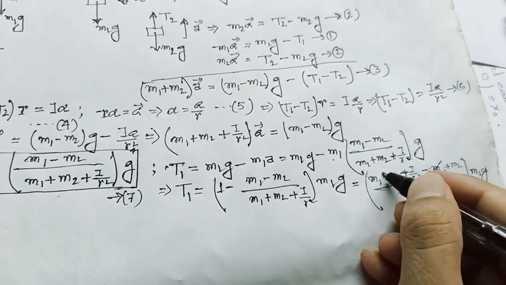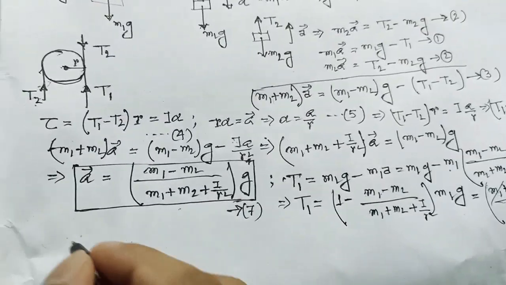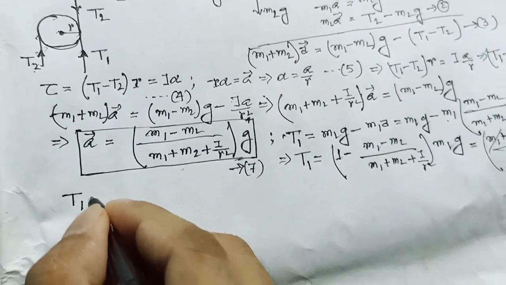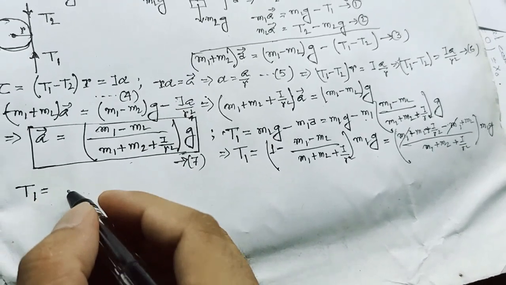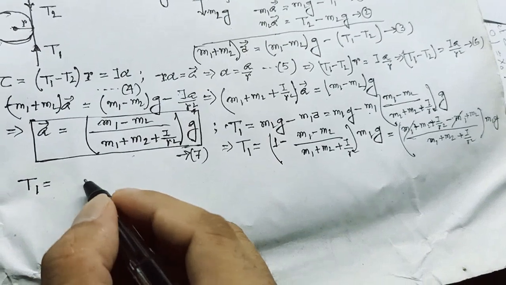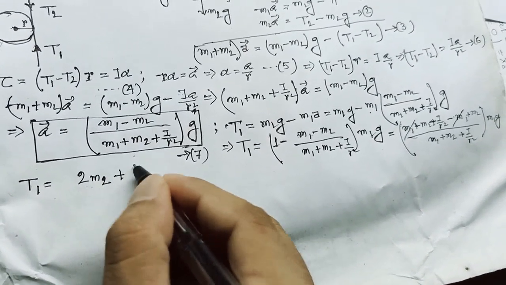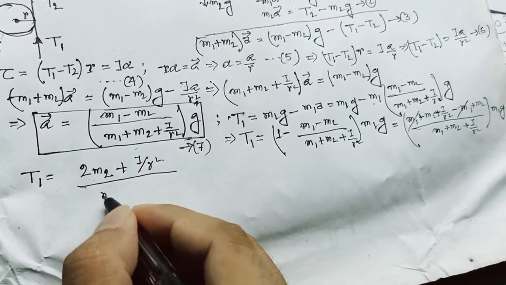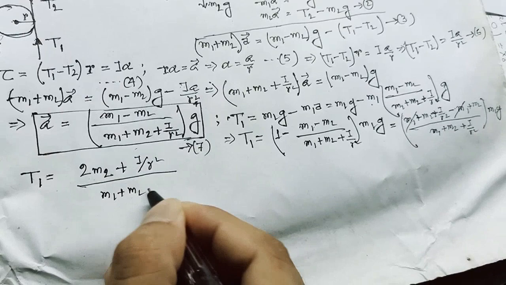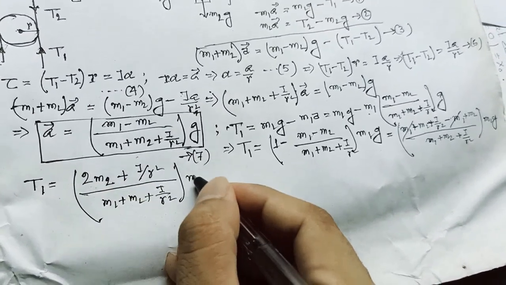Now we can cancel the m1 terms. After cancelling, the tension T1 will be equal to 2m2 plus I divided by r square, total divided by m1 plus m2 plus I divided by r square, multiplied by m1g.